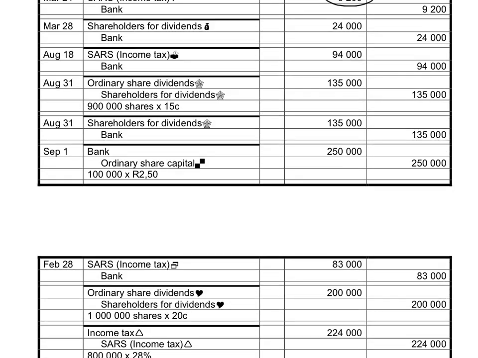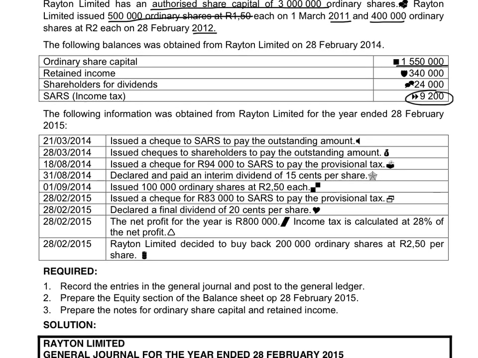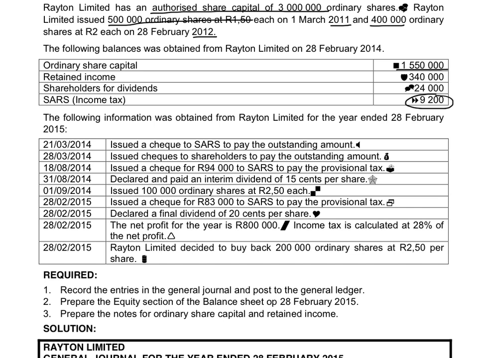Okay, then we will look at the next entry, and they say issue a cheque to the shareholders to pay the outstanding amount. If we look in our balances, the outstanding amount to shareholders is 24,000, and we are going to pay them on the 28th of March.